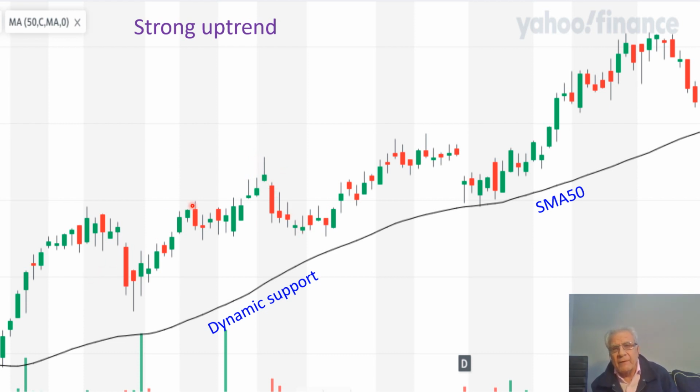Now, we can conclude that when the price is at support or resistance, if it breaks out the resistance, you can enter the market. You can be a buyer, not the seller. If you are at the support and the price breaks the support, you can be a seller, not a buyer.